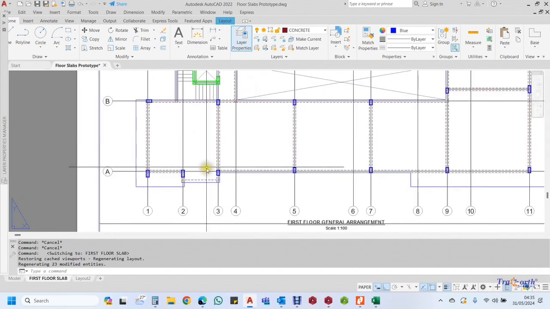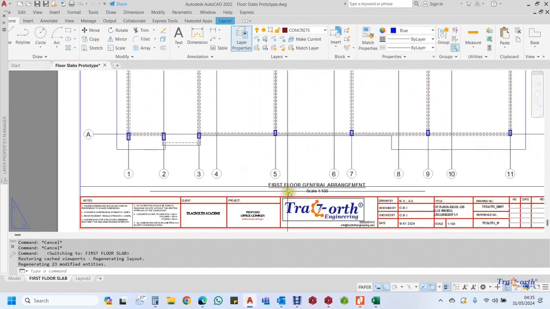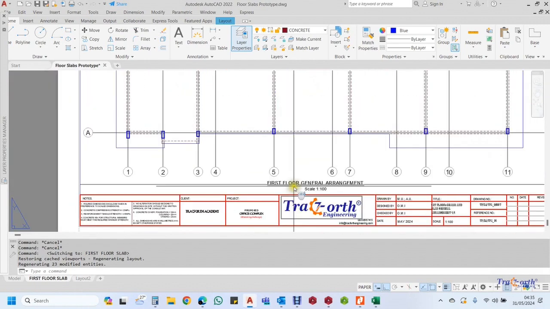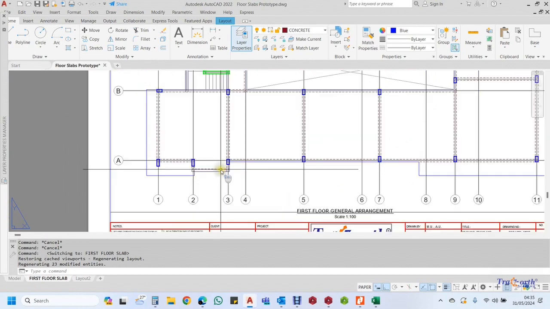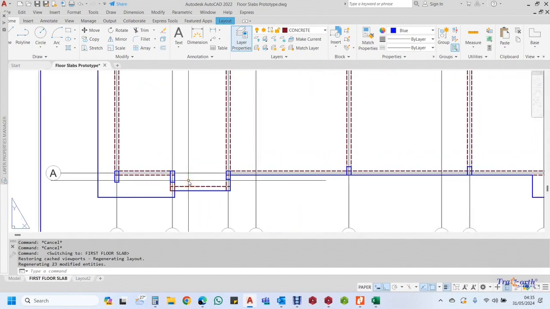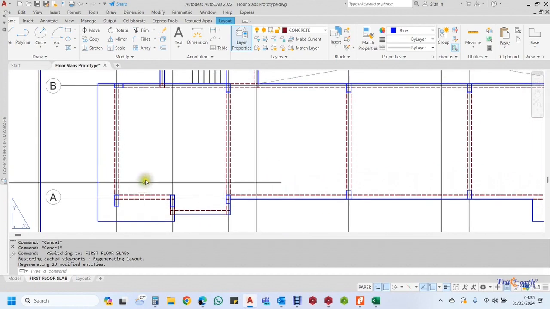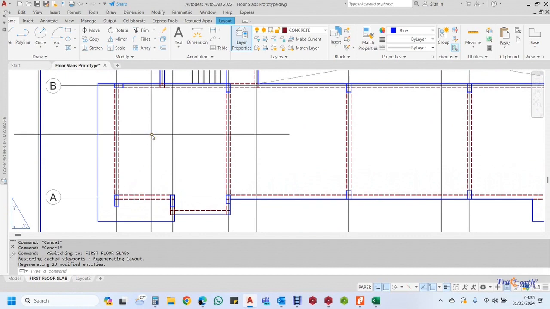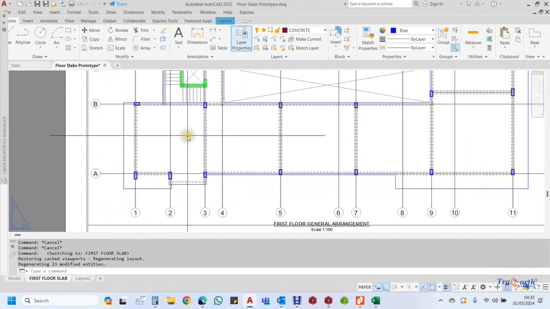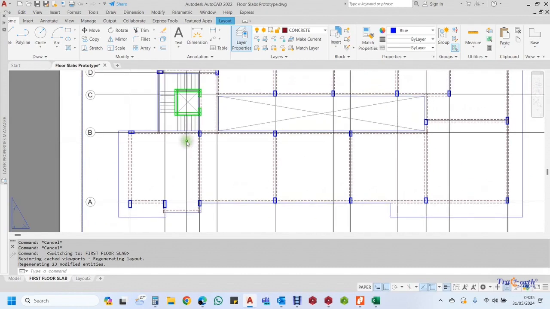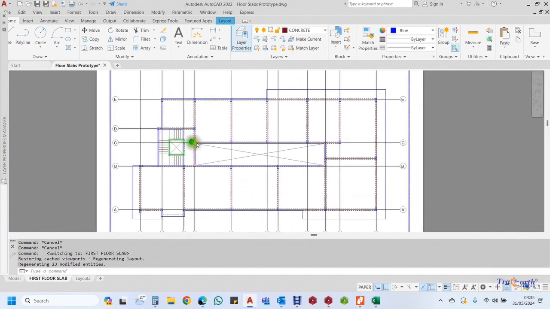This is a typical case of a first floor general arrangement. General arrangement drawings is where you have all your elements. General arrangement drawings show the configurations of all your elements that make up the structure.